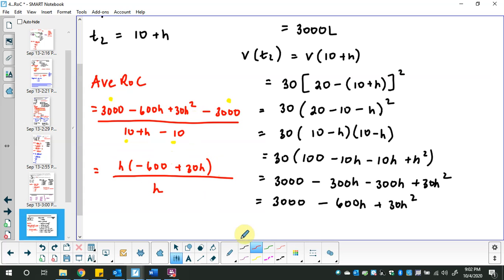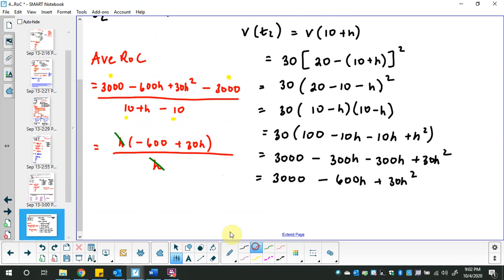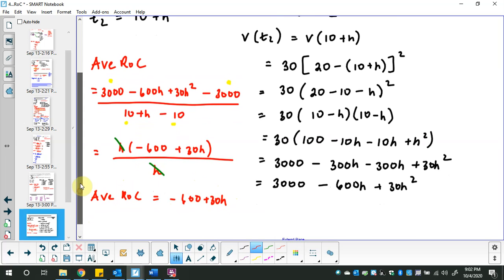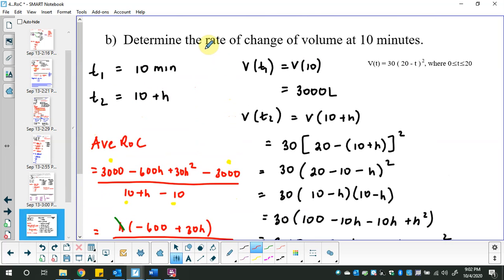There is no need to do that because the whole point is to eliminate the problem so that you can move on and do what's actually being asked, which is not average rate of change, it's just rate of change.